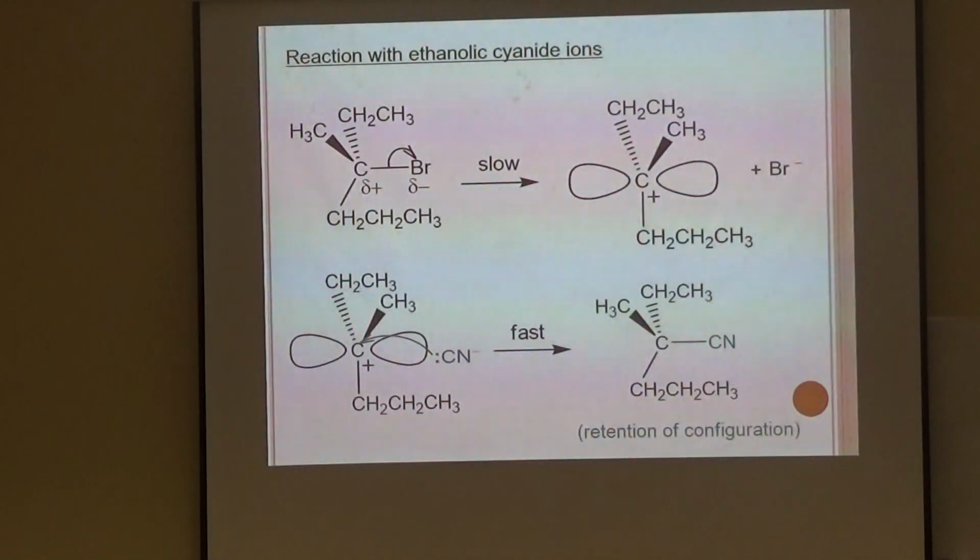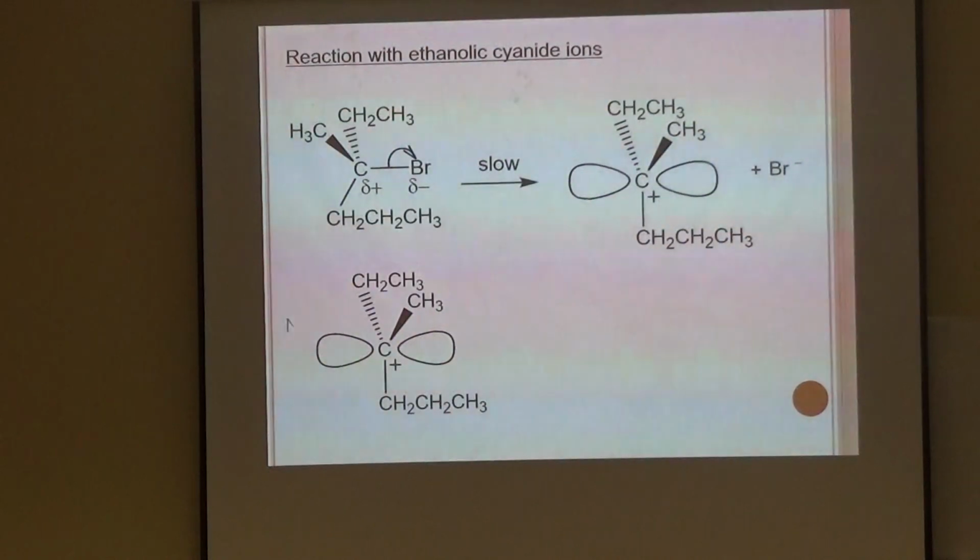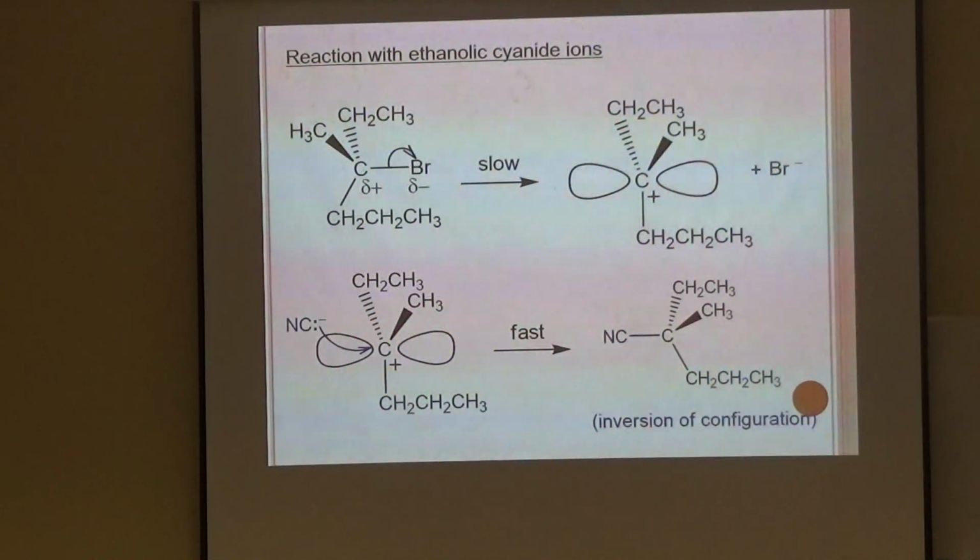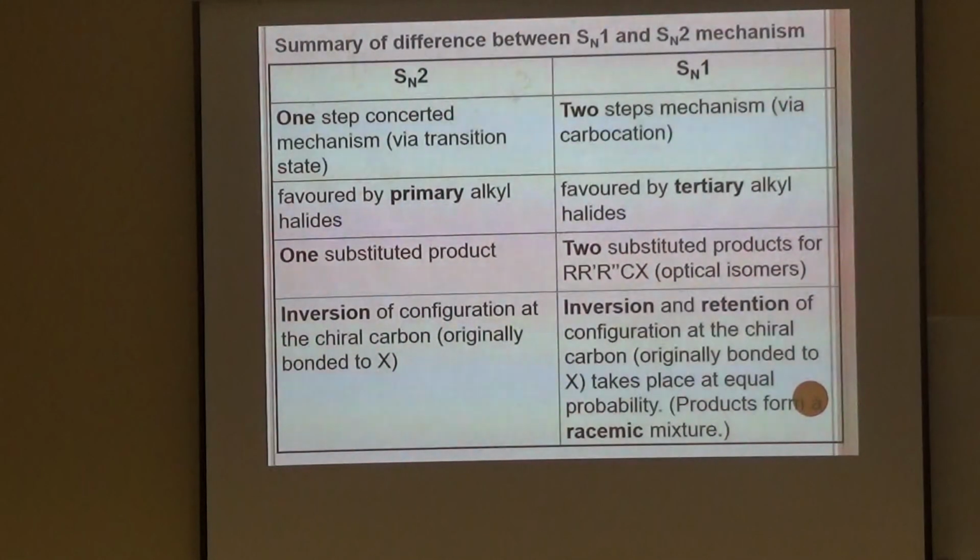So there's a possibility of retention of configuration, but we can also attack from the other side where we have an inversion of configuration. Alright, compare and contrast your SN1 and SN2 before we do the let's draw it together. For your SN2, there is one step in your entire mechanism, whereas your SN1 has two steps. Your SN2 is favored by primary alkyl halide, your SN1 favored by tertiary alkyl halide.